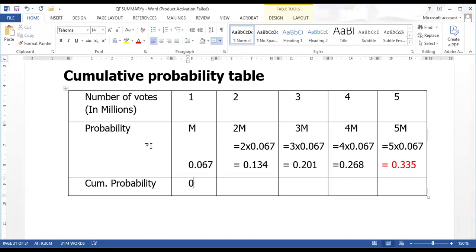So the first one is 0.067. Then here, you add this one plus this. What do you get? 0.201. Then add this one. 0.402. Add this one. 0.938.